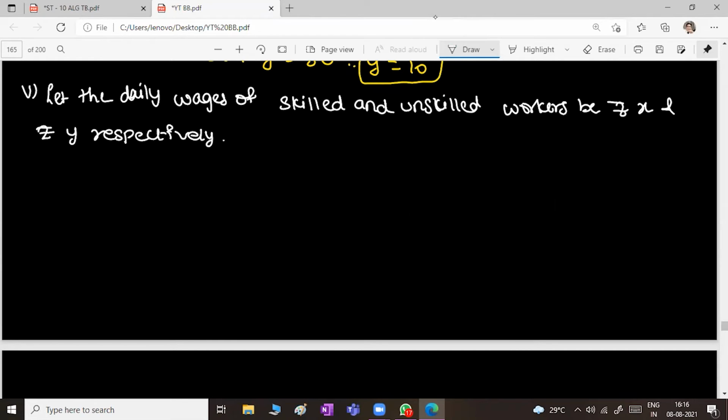Okay. So according to the first condition, what I'm going to get, according to the first condition.